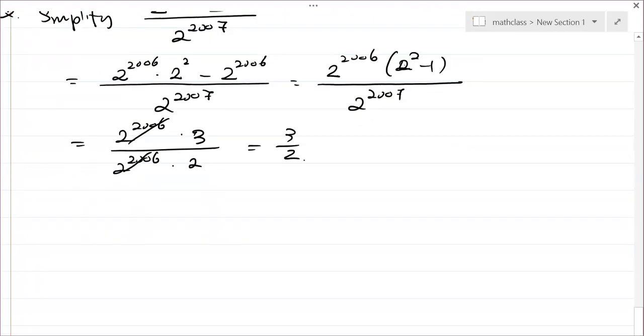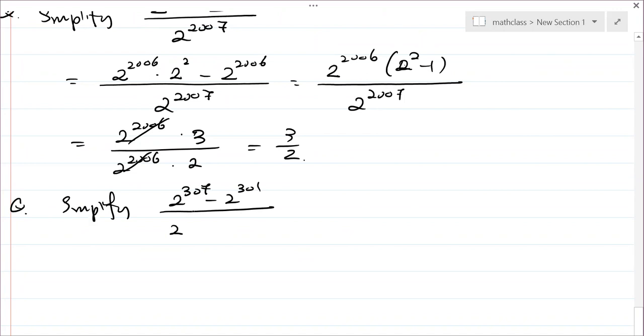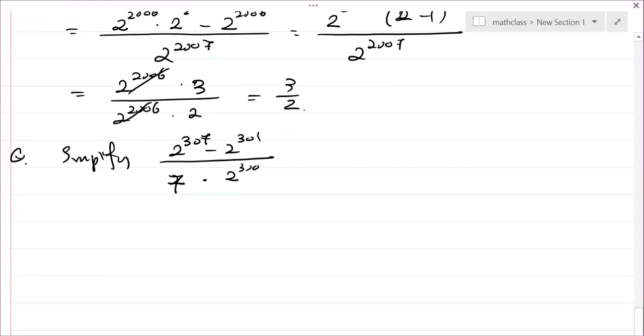So now I'm going to ask you to do the next one. Simplify 2 to the 307 minus 2 to the 301, divided by 7 times 2 to the 300. Yeah, so take a look at this.